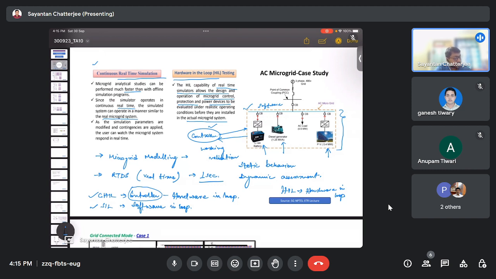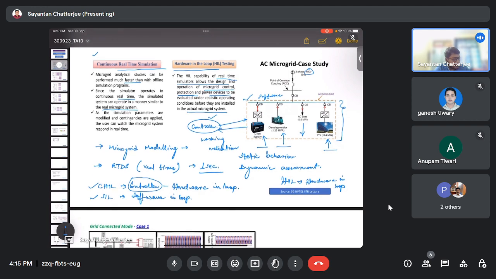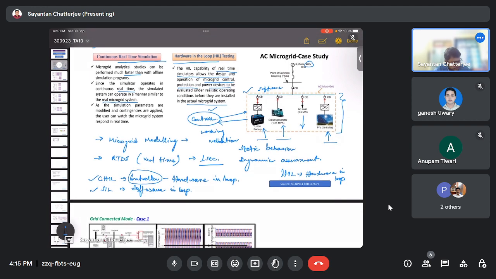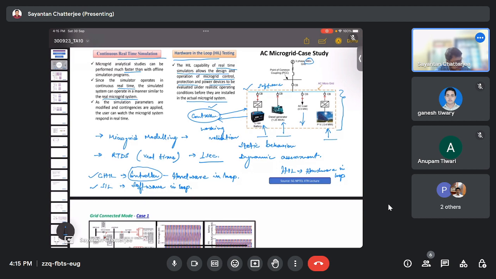This is the grid, which is 480 volt. The lithium ion battery, diesel generator, and PV, each and every one would participate. This is the microgrid that has been framed to cater to this load. Each time a case study will be performed, and on the basis of that some results will be discussed.